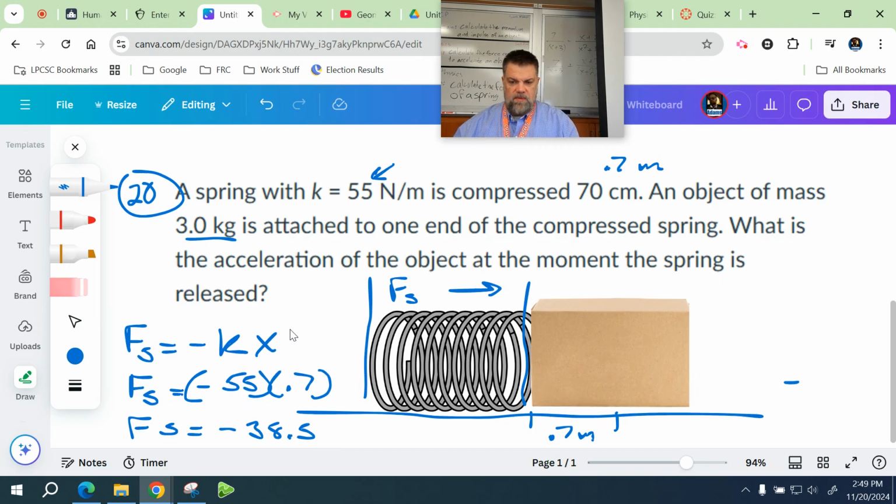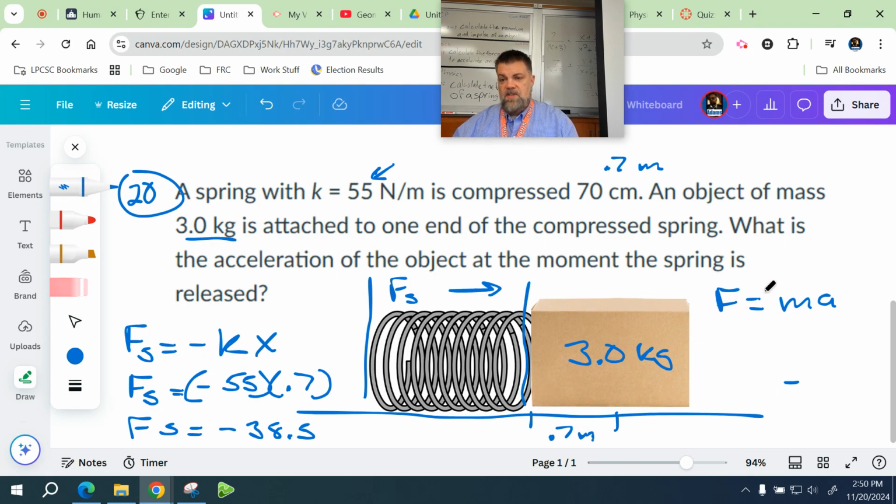All right. So then we've got to figure out the acceleration. Remember that the acceleration is based on the mass of the object. In other words, the force is equal to the mass times the acceleration.